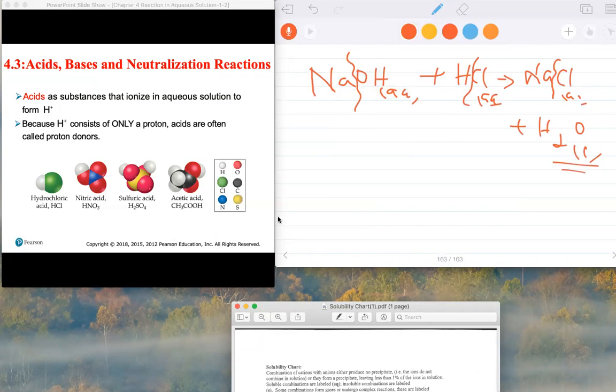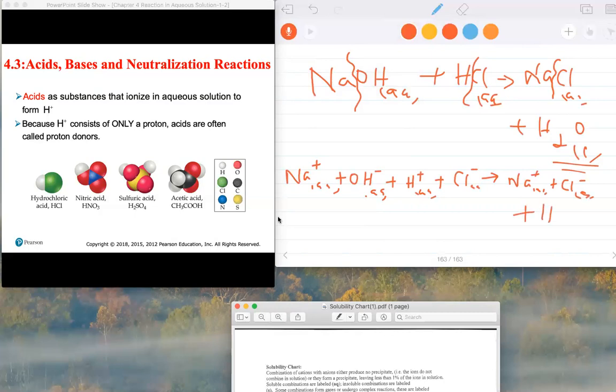Since the mole ratio is 1 to 1 to 1 to 1, the complete ionic equation will give us Na plus aqueous plus OH negative, you generate ions, plus hydrogen ion, aqueous, plus chloride ion, and then you equate to sodium ions plus chloride ion plus H2O.